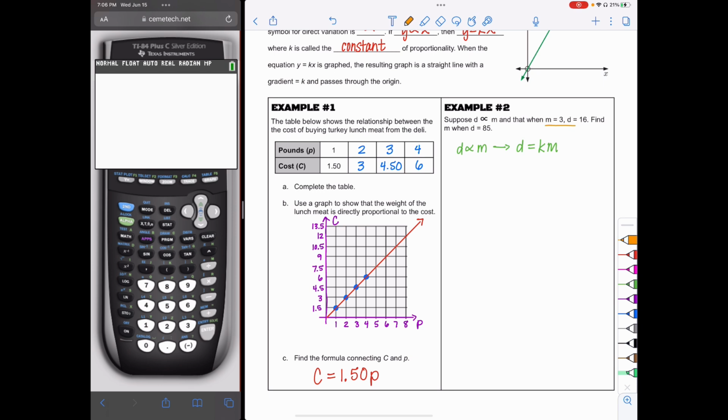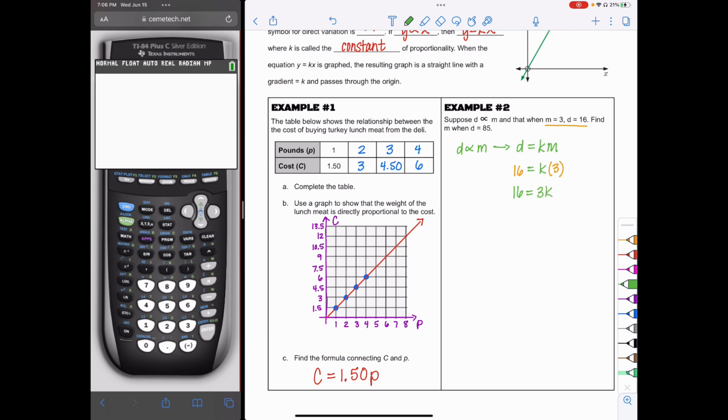So where it says when M is equal to 3 and D is equal to 16, I will end up getting the resulting equation that 16 is equal to K times 3. And that equation will end up being 16 is equal to 3K.